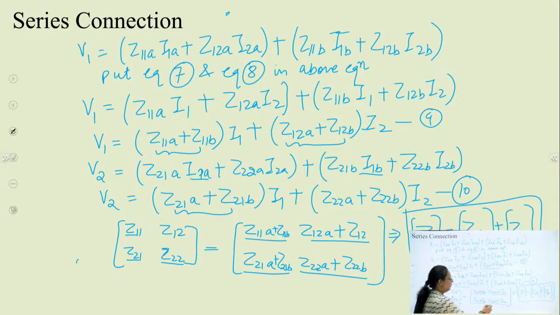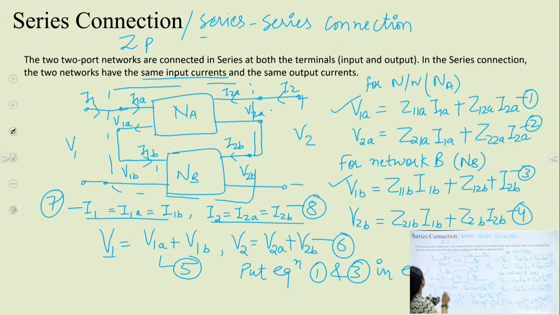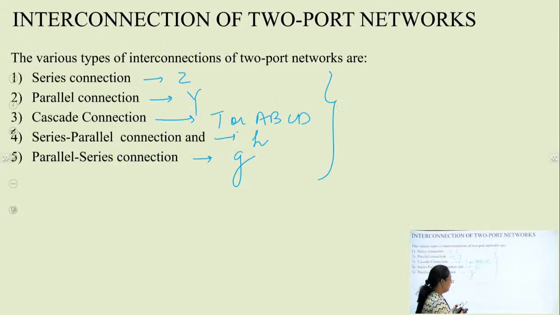So this will be the final output, where these parameters are representing the parameters of the overall network. This is the overall network, with V1, I1, V2, I2, so this will be the resultant.